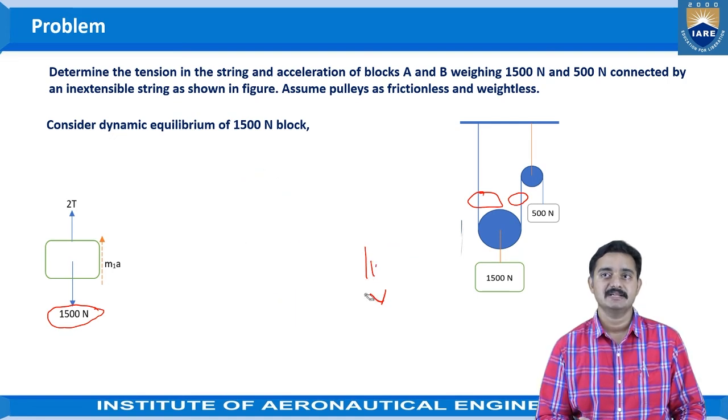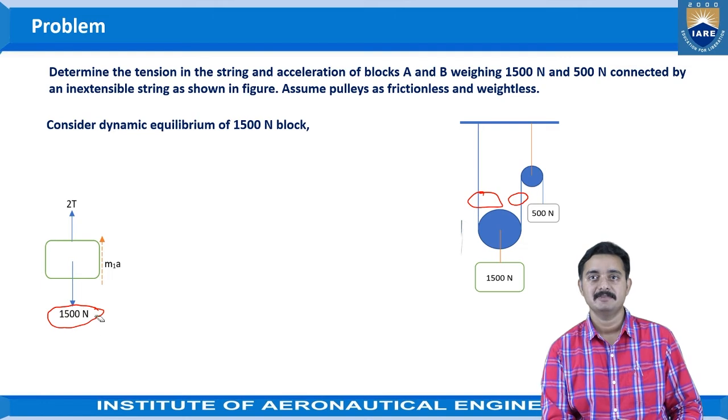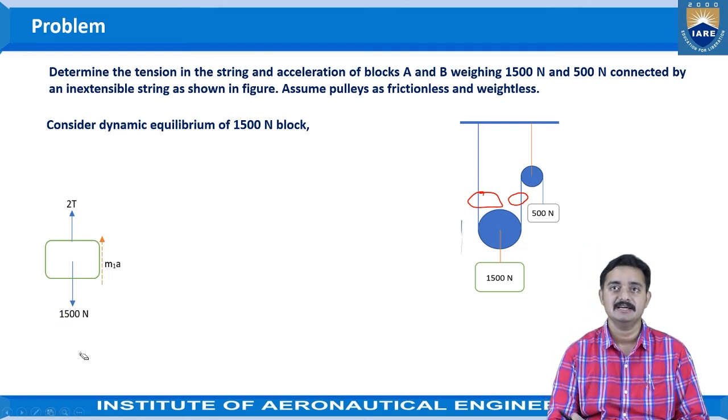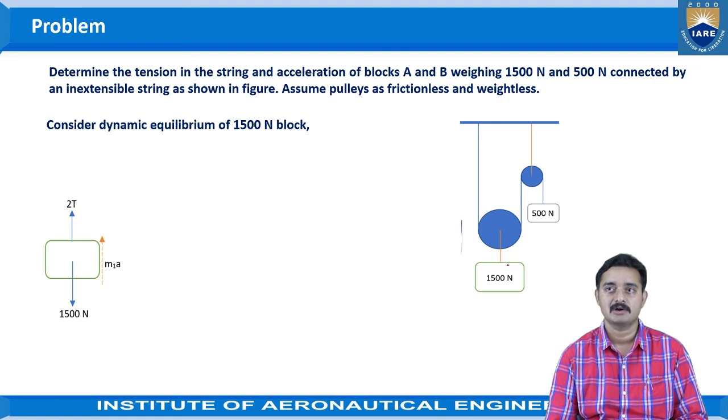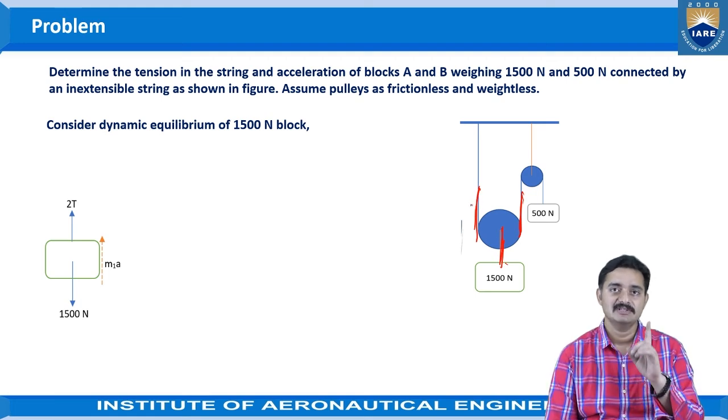You need to concentrate, not all the situations will be having that 2T value. Here, as per the given situation, this block which is having a bar type of arrangement is being acted with two strings. It is being attached with two strings here. The total two bodies are connected using a single string.